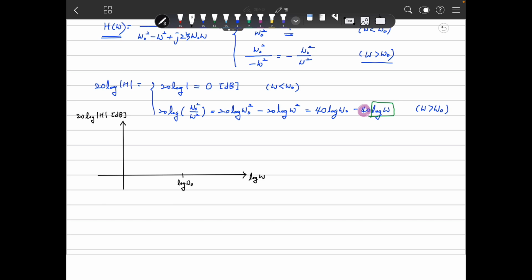Then for frequencies less than omega 0, in this area, the dominant thing is 0 dB. So here we have 0 dB.